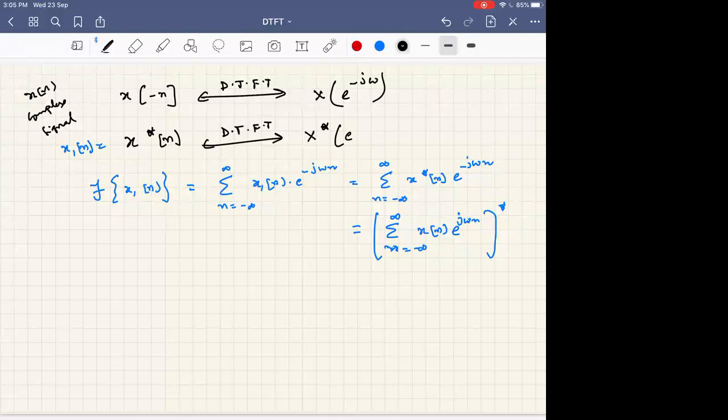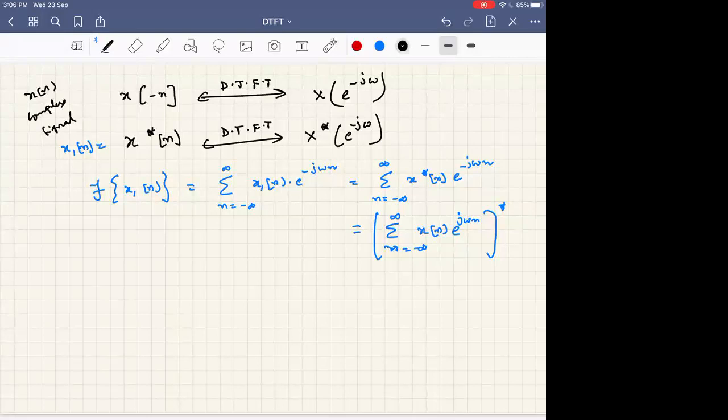E power j omega? Because x of n e power minus j omega, I can write e power j omega. Otherwise, what should I write? X star of e raised to power minus j omega. Yes, minus j omega. Fine.